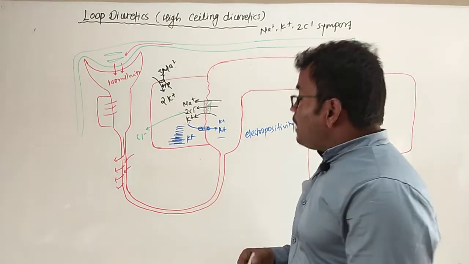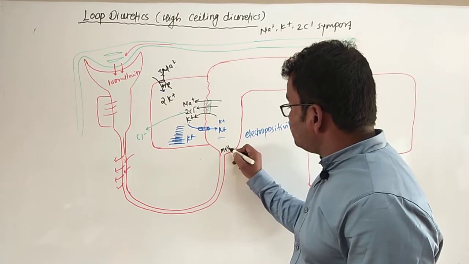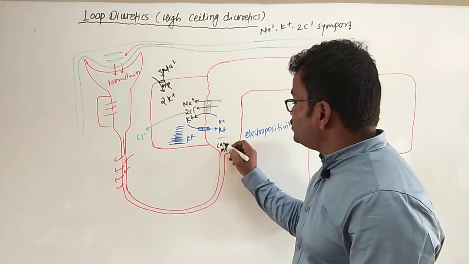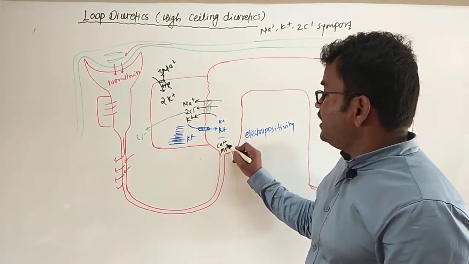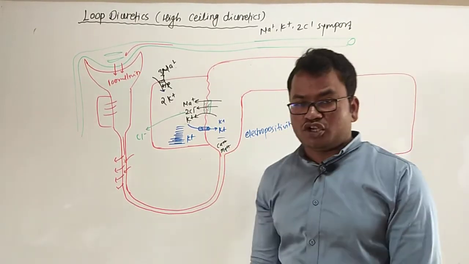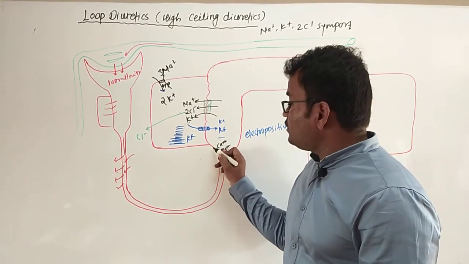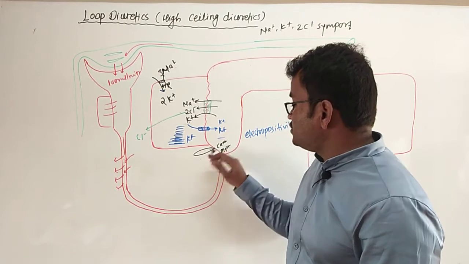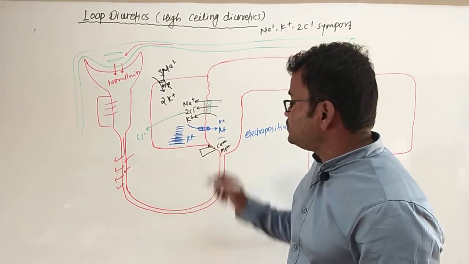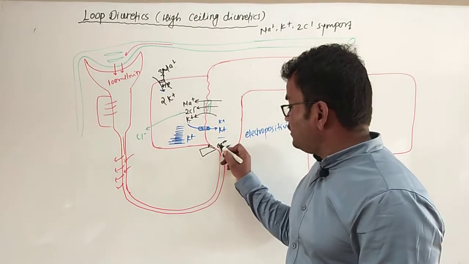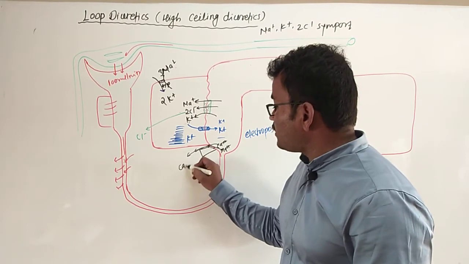So the divalent cations like magnesium, Mg2+, and calcium: if there is more electropositivity here, then positive repels positive. So these divalent cations are transported through the gap junction. This is another cell, and this is the gap junction between two cells. So these leak out from the gap junctions, and this is called paracellular transport.